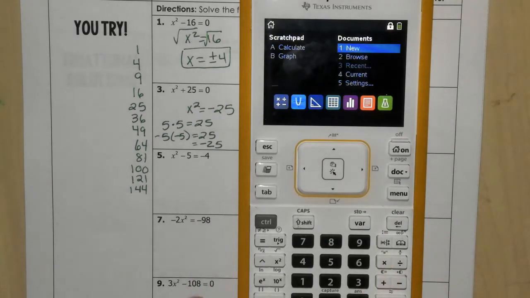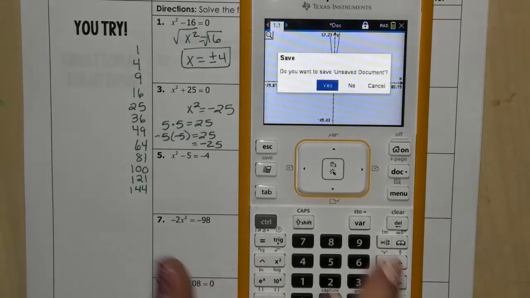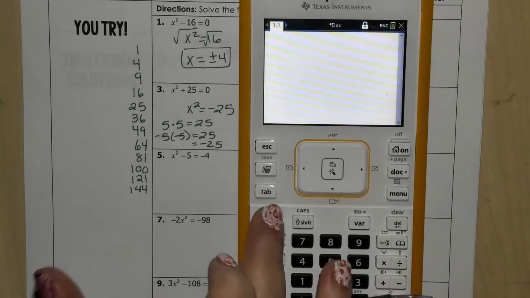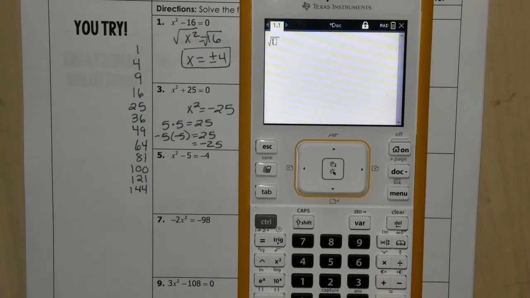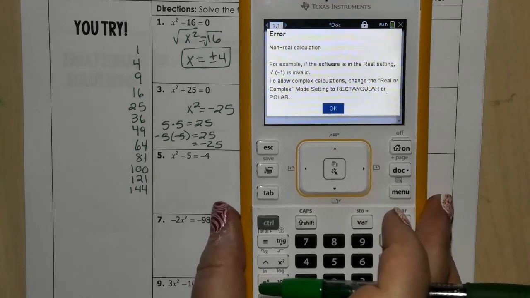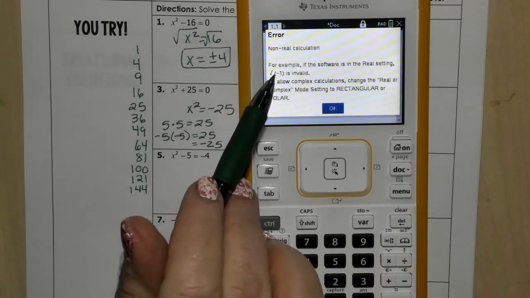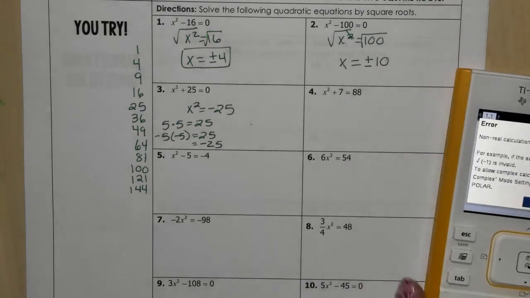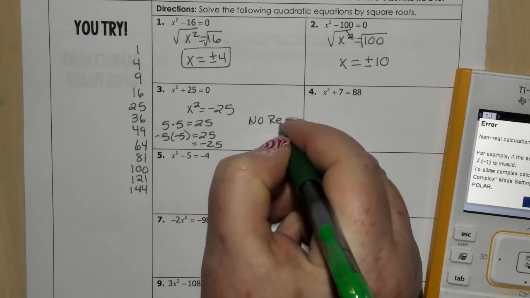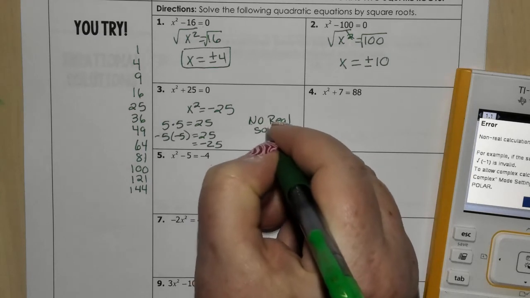If you want to look at it using algebra, let's take the square root of negative 25. Non-real calculation. See that? The square root of a negative number is invalid. So no real solutions.